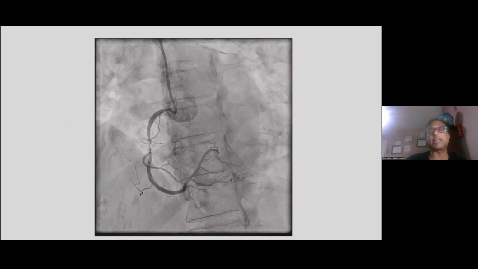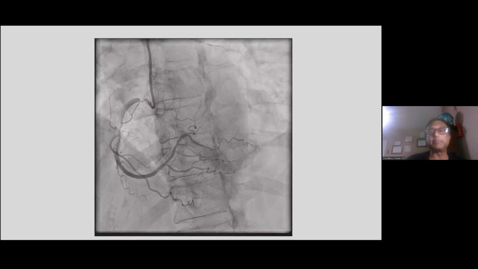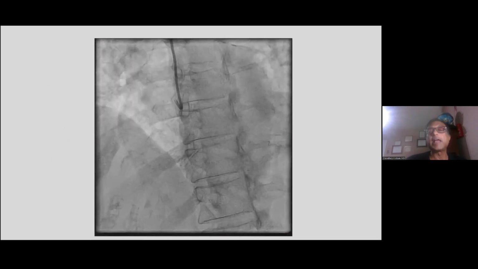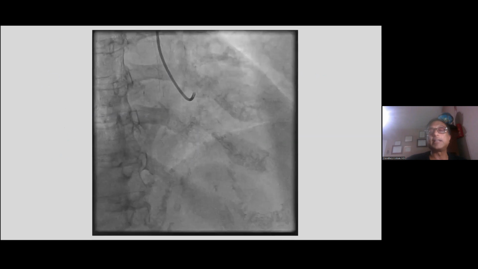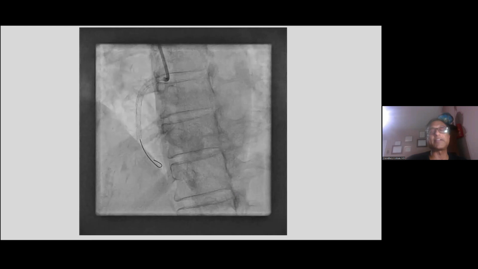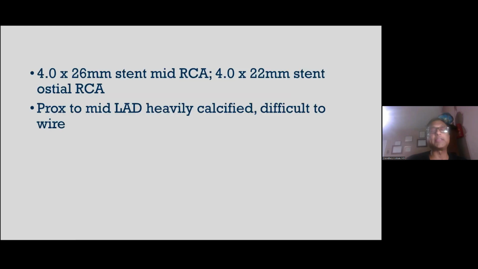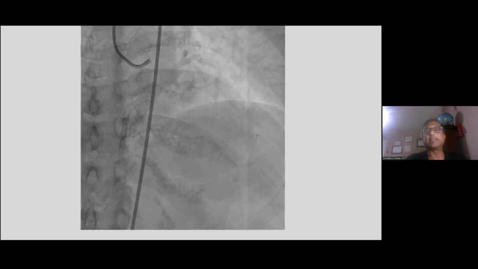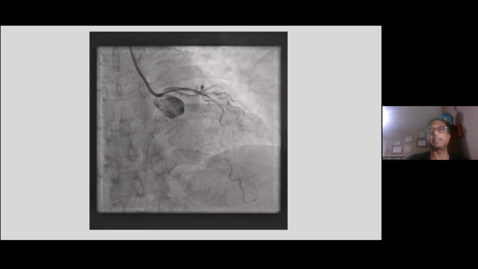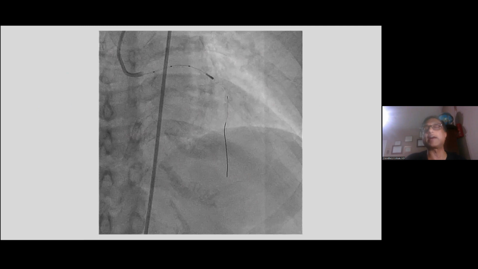So this is another important example: the ostial right with the mid RCA significantly and geographically stenosed. And then we look at the left system, also equally bad. We were lucky to get the intervention done with the assessment with the flow wire. Now we are in the LAD, and we thought that the physiology alone may not be good enough.